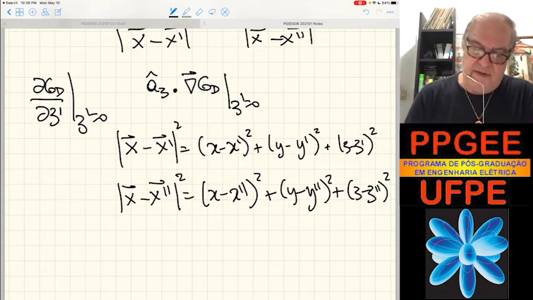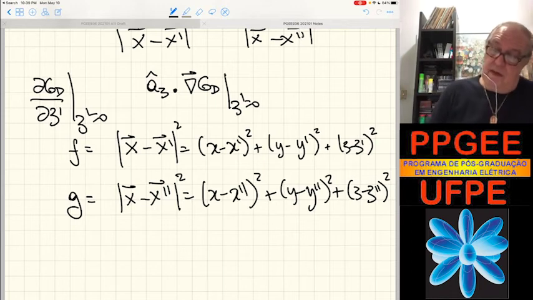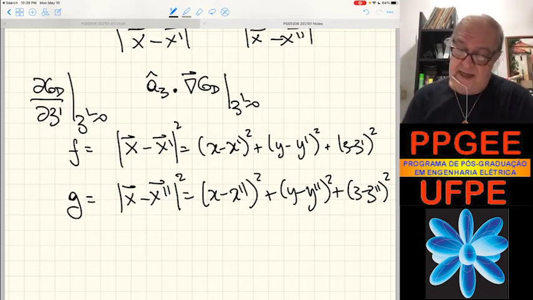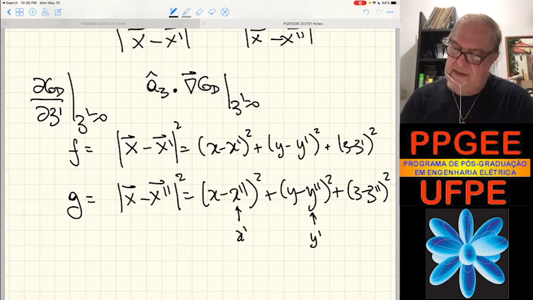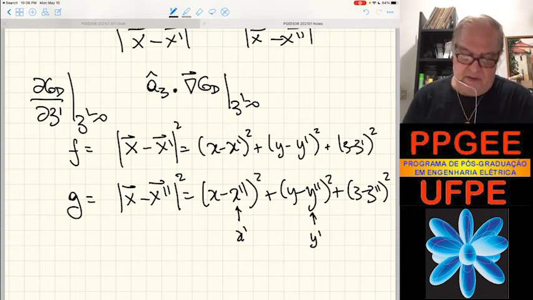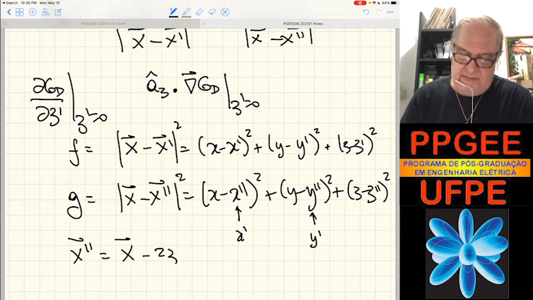Let's call this function f, and this one g. Recall that x2 prime equals x prime, y2 prime equals y prime.